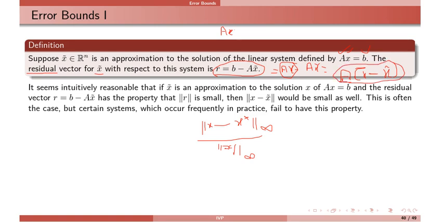In other words, if the error is small, then the residual is also small for some matrices, but for some matrices the residual is small but the error is bigger. So the problem is in matrix A.